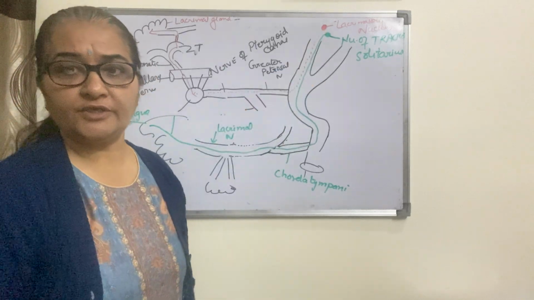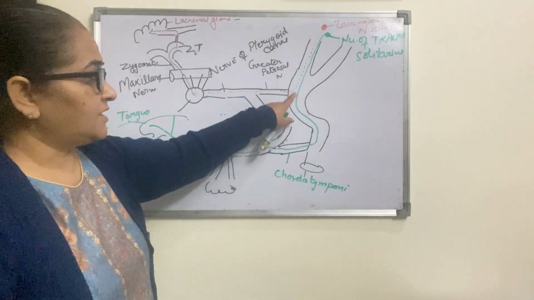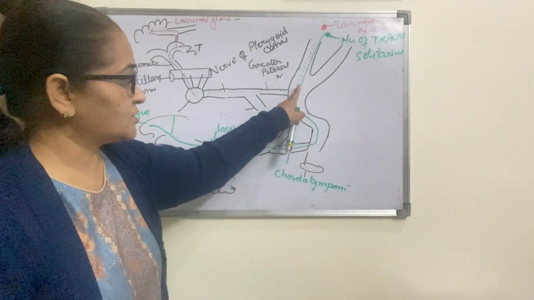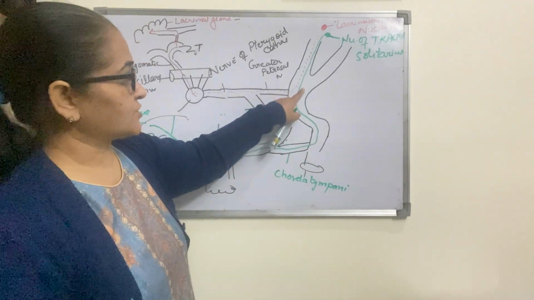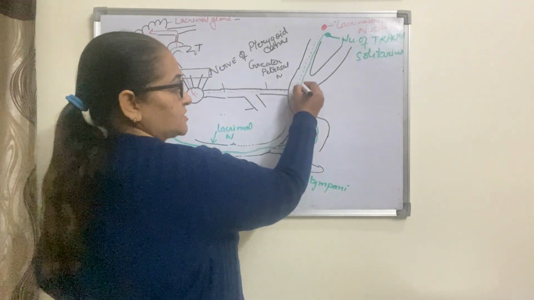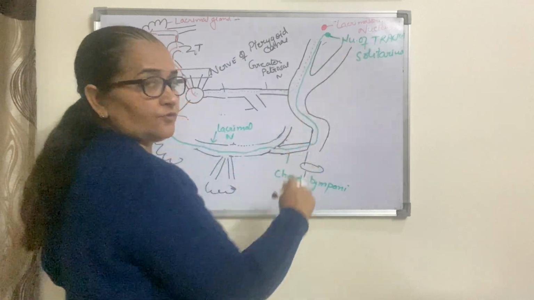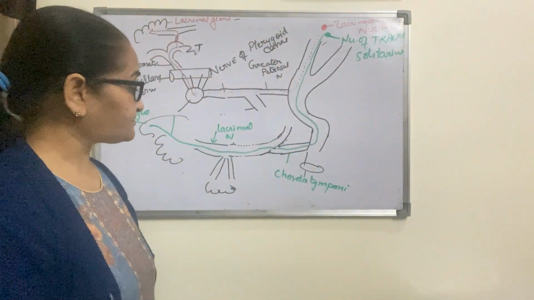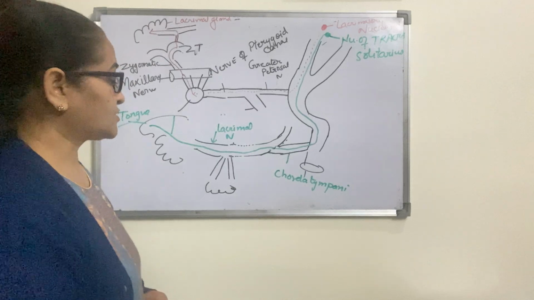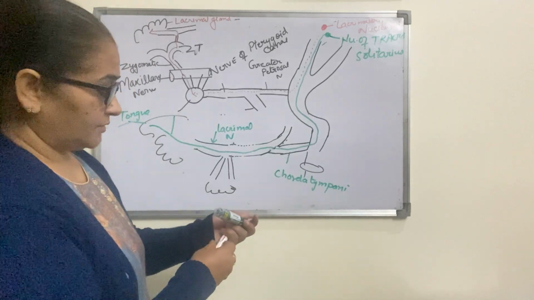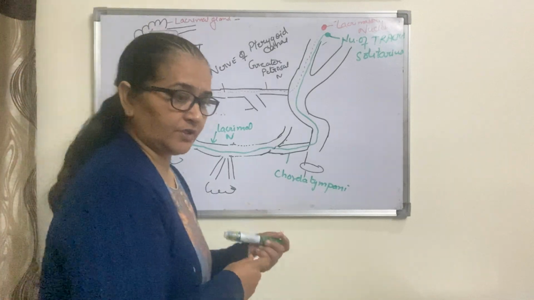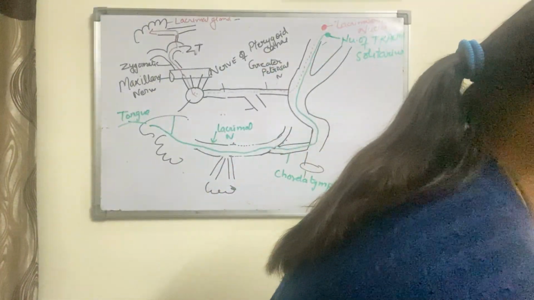of tractus solitarius. So basically, these are the peripheral processes of that unipolar neuron, and from here the central processes. From this portion, the central processes reach the nucleus of tractus solitarius. So this is the taste pathway. Now coming to the superior salivatory nucleus.